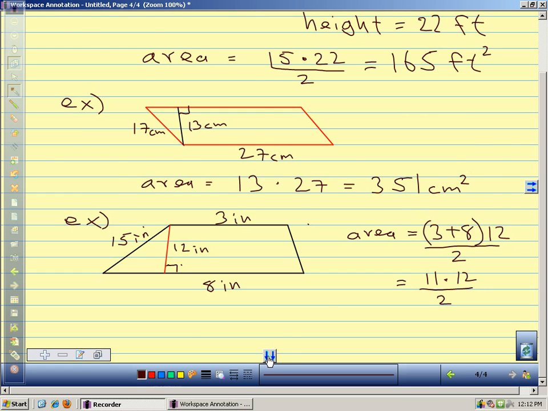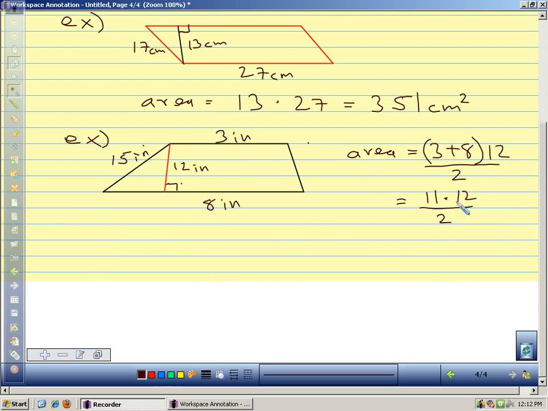There's this really cool trick that you can do, and then we'll calculate our answer. So if we're multiplying 11 times 12, we split the 1 and the 2 and add those two numbers together. So 11 times 12 is 132.